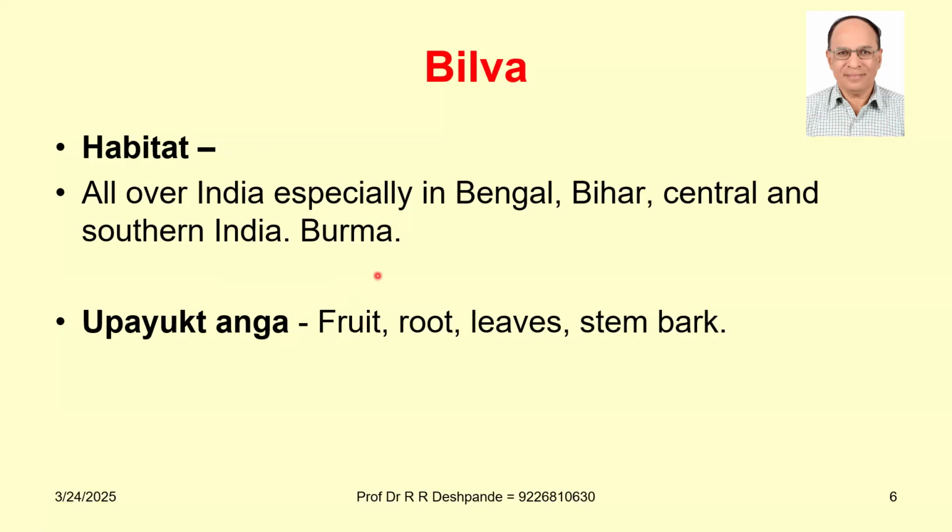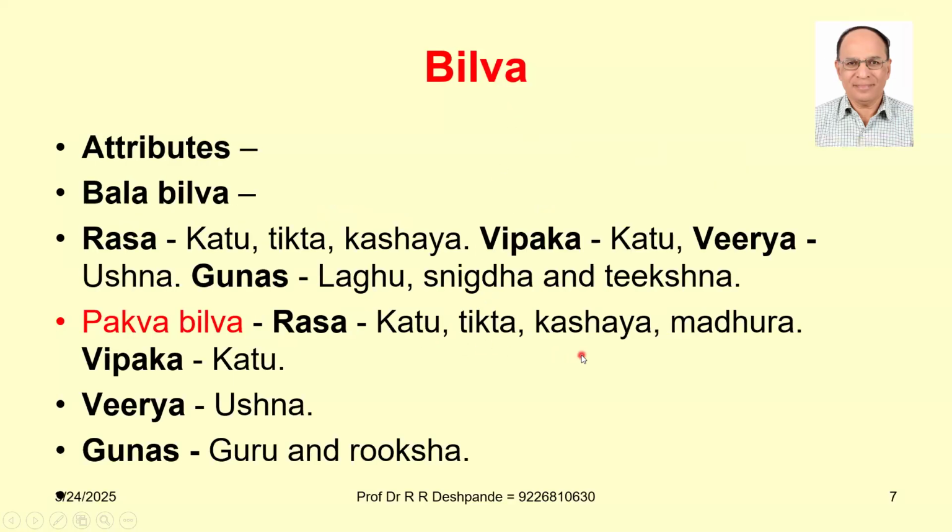Most fruits are used when they are ripe, but Bilva is an exception: the raw fruit is also very good to control ulcerative colitis and loose motions, and Bilva Leh from the raw Bilva fruit is also the best treatment for anemia. Also, we can use the roots, leaves, and the stem bark.